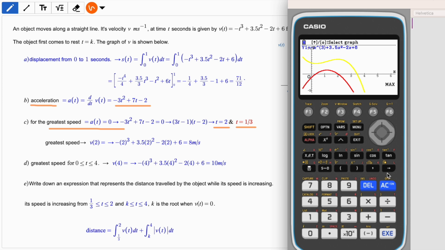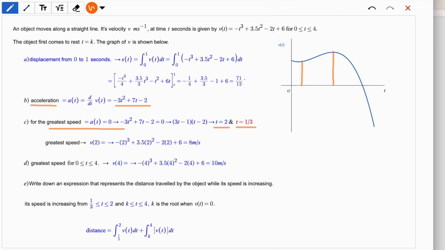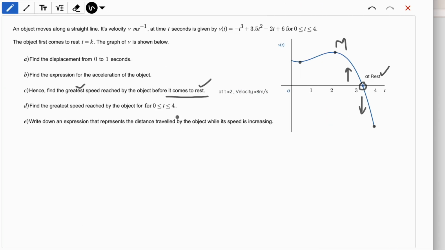If you see the maxima for the first graph, 2 is the root of acceleration, but at the same time 2 is the turning point for my velocity where it has a maximum value. So that answer is done. It is actually 8.